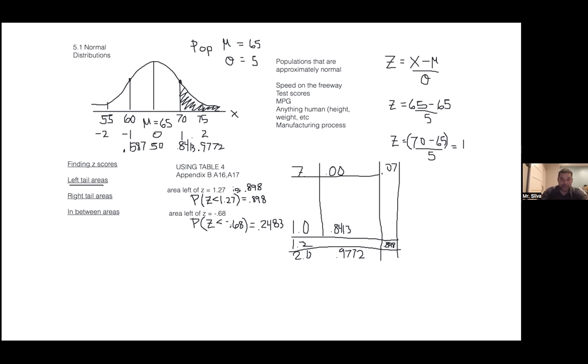I got 0.8413. Well, that's not the answer. Remember, the 70 miles per hour or less was 0.8413. So if I'm asking this question, I would say find the area to the right of z equals 1.